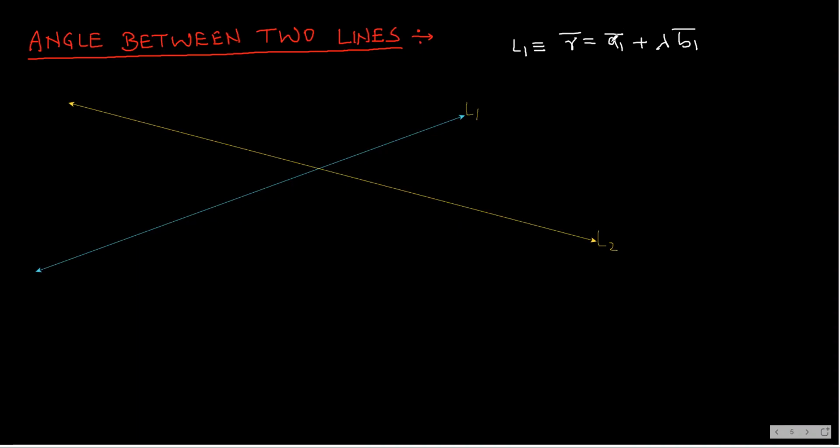You know, this is the position vector of a point on the line. This is the vector parallel to the line, and this is the position vector of a variable point on the line.